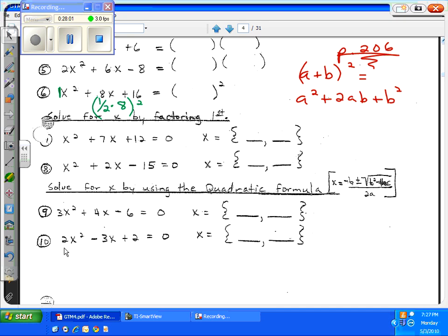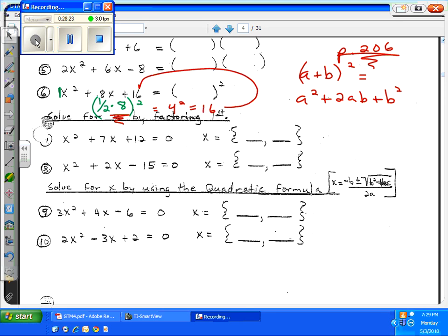Just a second, I need to pause here, my overhead went off. So if a is 1 and half of the b value squared is equal to the c value, half of 8 is 4, quantity squared is 16, then what you have is a perfect square binomial, which means you have a binomial times itself.